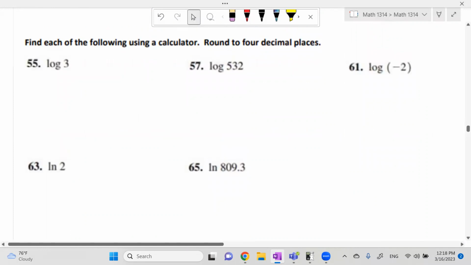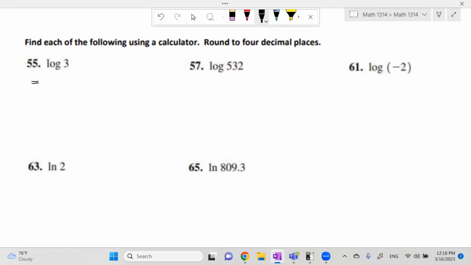Find each of the following using a calculator, rounded to 4 decimal places. All right, let's use our calculator. We're evaluating log 3. If we have log 3, we have no base there. That means the base is 10. That's the common log. Let's use the calculator.